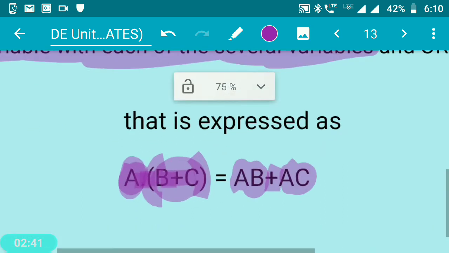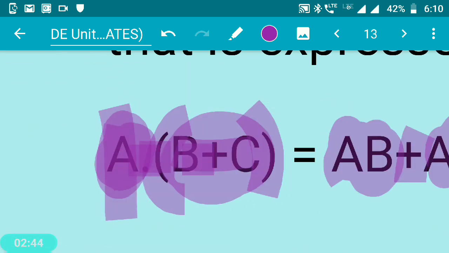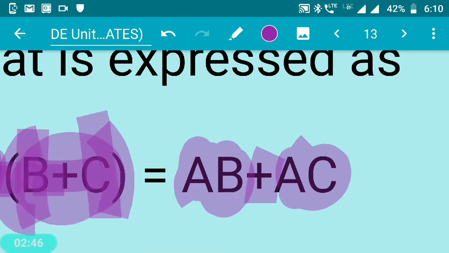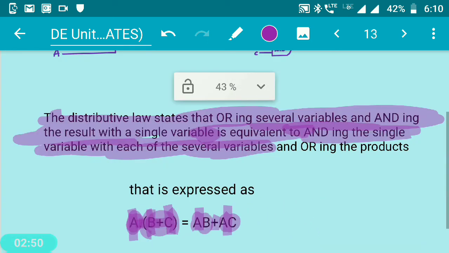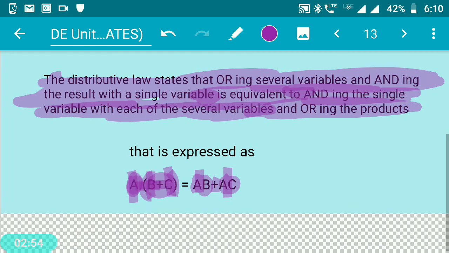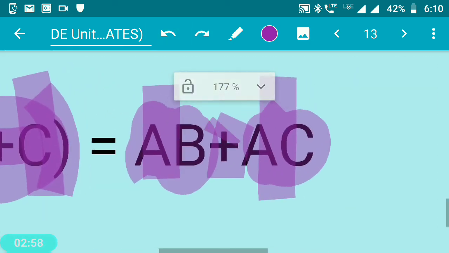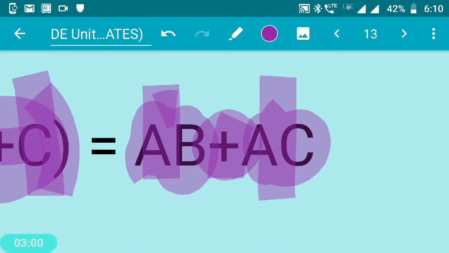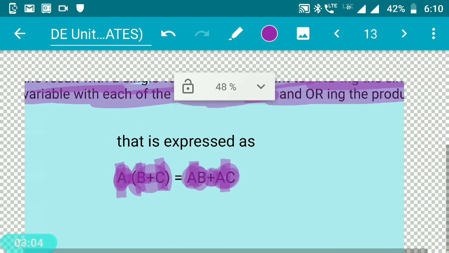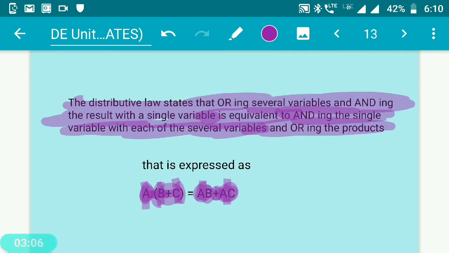The single variable that we had is taken and ANDed with each of the several variables, A, B and A, C. And then ORing the products: whatever products we have, we do the ORing operation between them, and we get the same answer. This is the meaning of the distributive law.